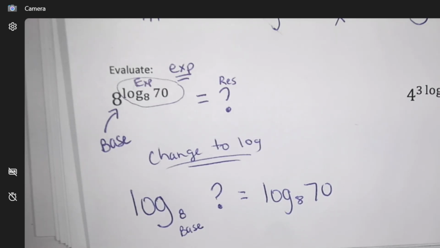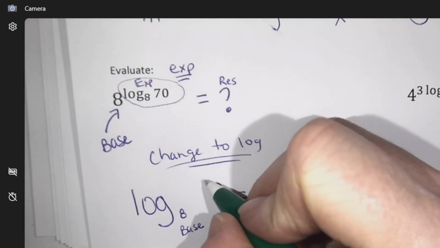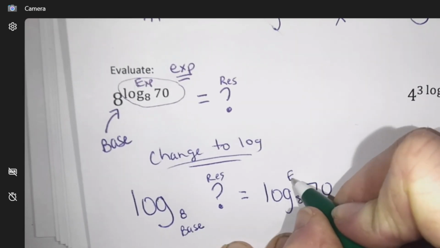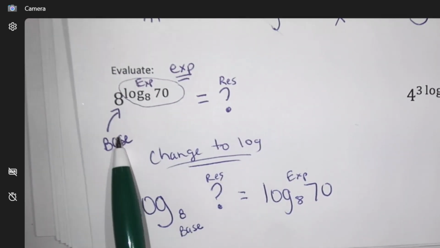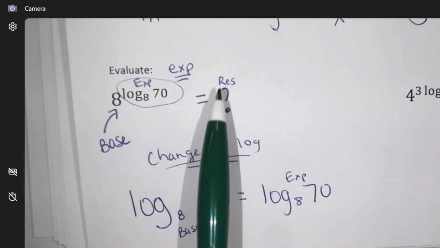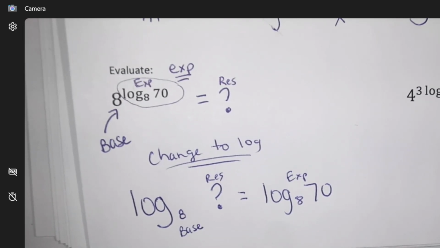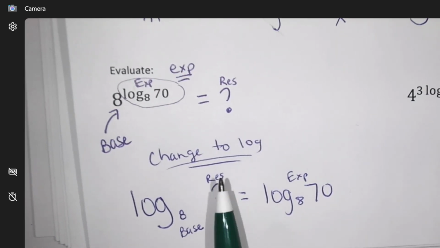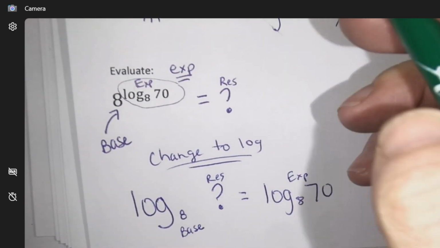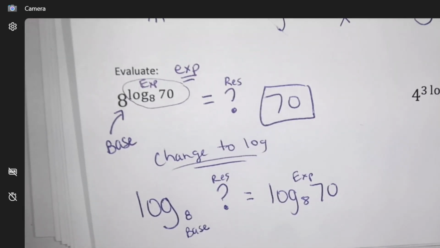Okay, do you see what I did there? I literally just maneuvered all those parts that I labeled. Base, exponent, result. Okay, can you make a math conclusion? Log 8 something equals log 8 70. So what do you know about this? It has to be 70.